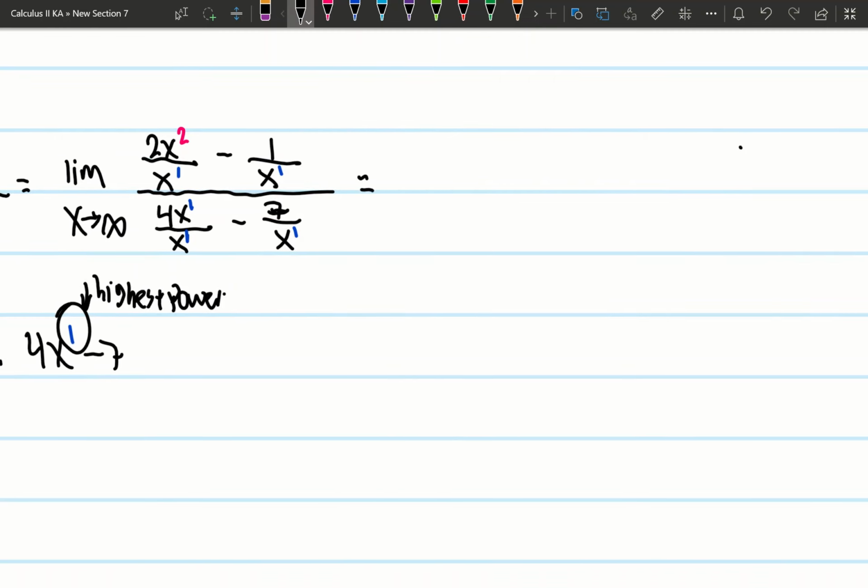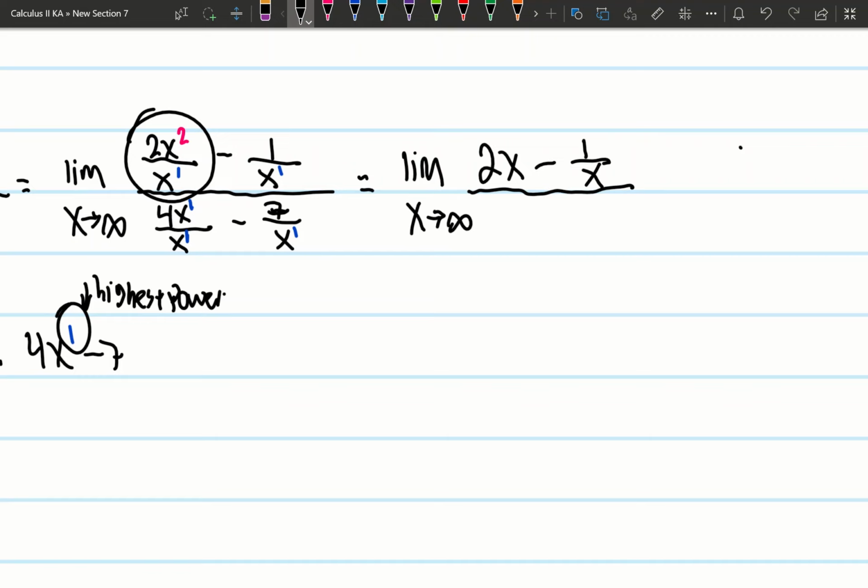We're going to clean this up a little bit. So using laws of exponents, that's going to be 2x, so it's going to be the limit as x approaches infinity. Let me rewrite that a little better. Of 2x minus 1 over x, over 4 minus 7 over x.